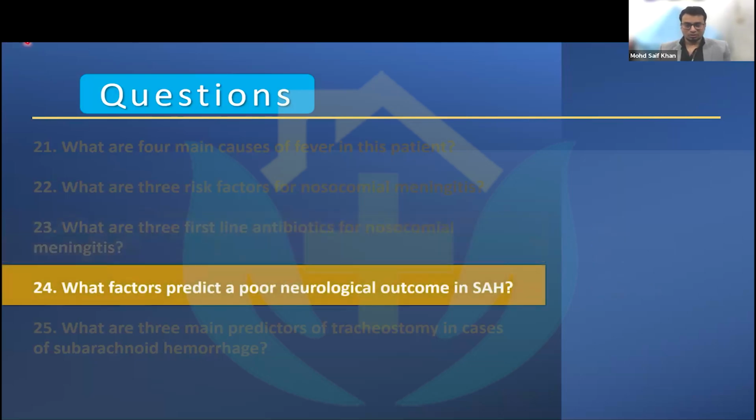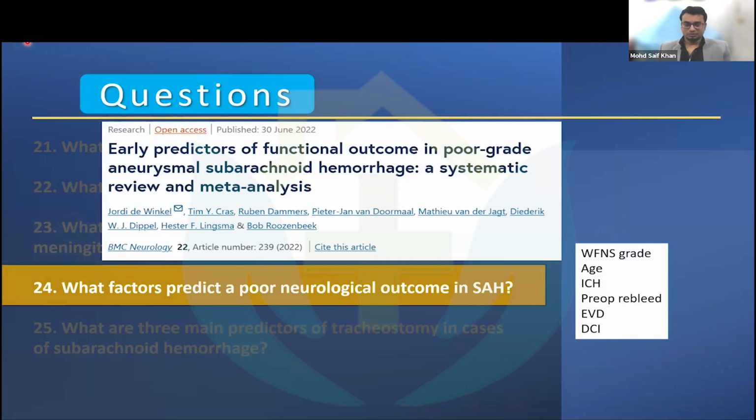Now, what factors predicted poor neurological outcome? So again, you have clinical grading, the WFNS grade, Fisher grade. Then age, older age carries poor prognosis. This is a systematic review and meta-analysis where they have accumulated all the risk factors, did multivariate regression analysis, and found various adjusted odds ratios for the factors which can predict poor outcome.